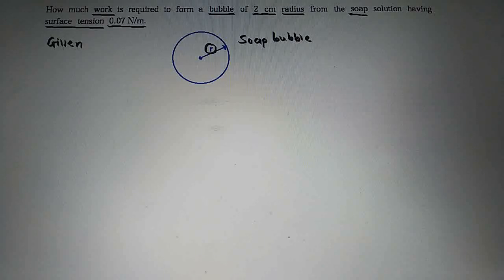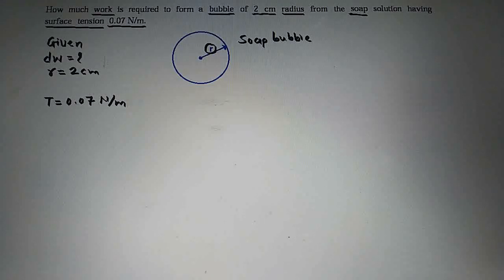In G1, first we will write, we have to find out the work, that is dW. Then the radius of the bubble is given, that is 2 centimeter. Next, the surface tension is given, that is 0.07 Newton per meter.